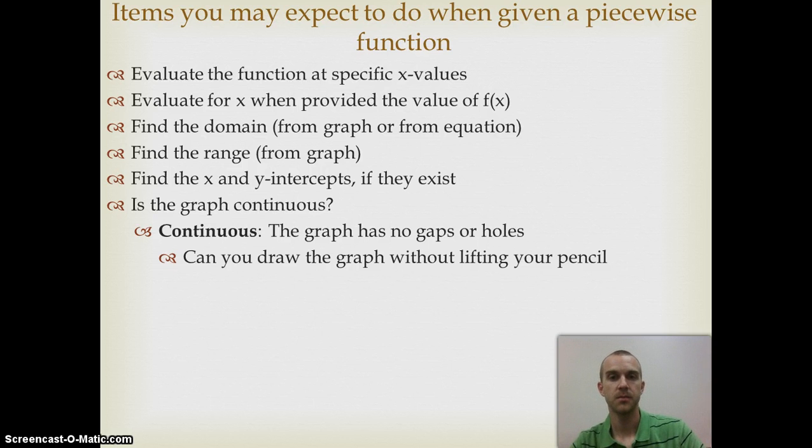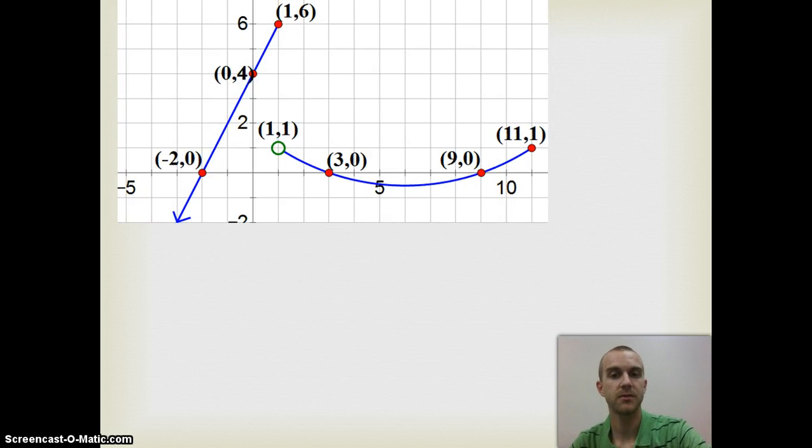So say here is my function, and it's already graphed for me, and I'm going to use the graph to determine some different aspects. And you can tell it's piecewise because we have the two different aspects that are quite different. So I go through the domain. Just like I'd go through the domain of any function, I'm looking at my x values.